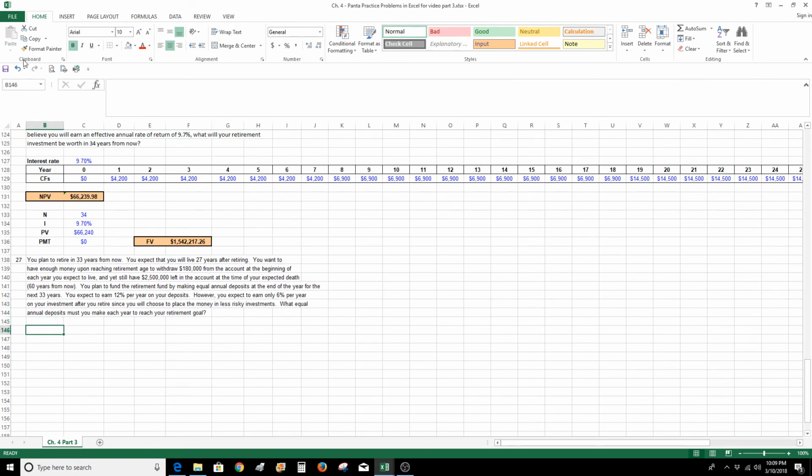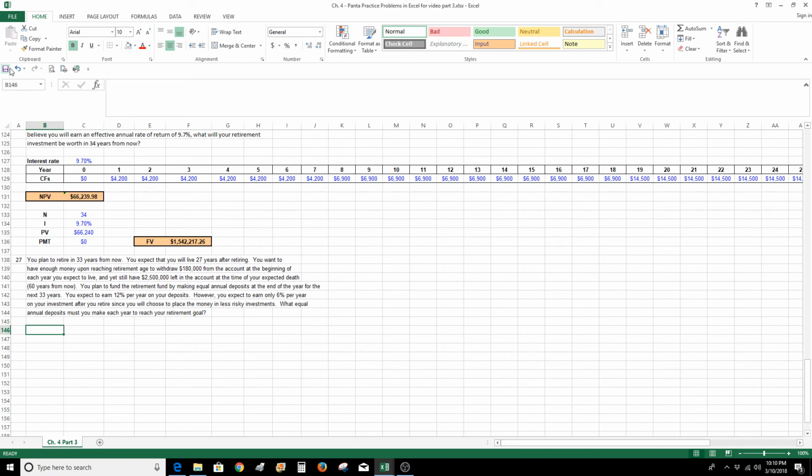Okay, last one is a big one. You plan to retire 33 years from now. You expect that you will live 27 years after retiring. You want to have enough money upon reaching retirement age to withdraw $180,000 from the account at the beginning of each year you expect to live, and yet still have $2,500,000 left in the account at the time of your expected death, which is 60 years from now.